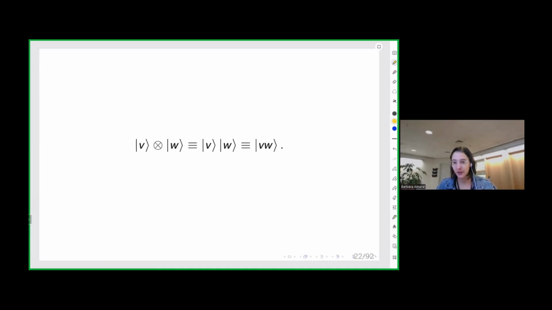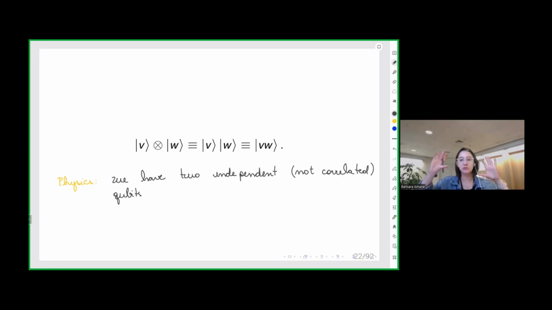So we imagine that we have two labs far apart from each other.